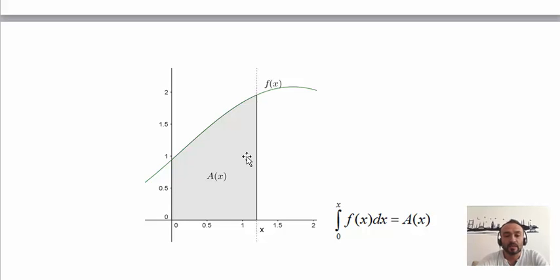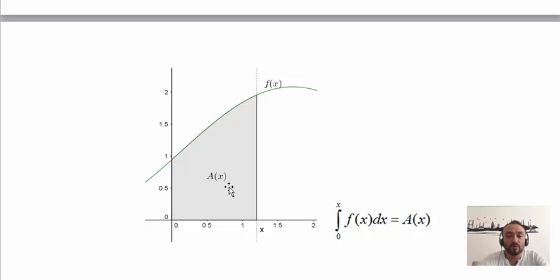Firstly, just think about a function f(x), and the integral from 0 to x, a variable x, is equal to A(x). I mean, the area here is called A(x).